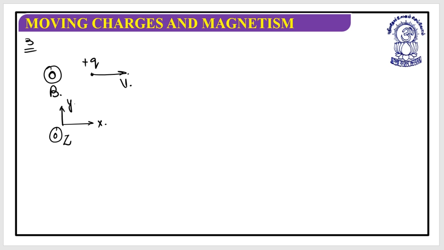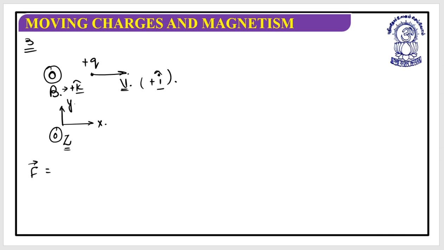Do the same thing. Hold your first finger such that it is moving out. If it is moving out, then it is plus k cap. Your velocity is in the x direction, this is plus i cap. So you need to find out i cross k.